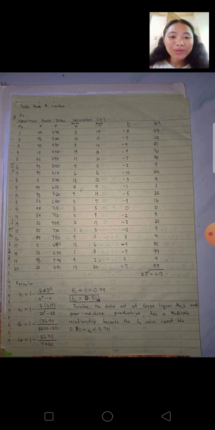So we can see that the result earlier for Spearman rank and Pearson is the same. So, it is moderate; the relationship between the variables toward each other is only moderate.